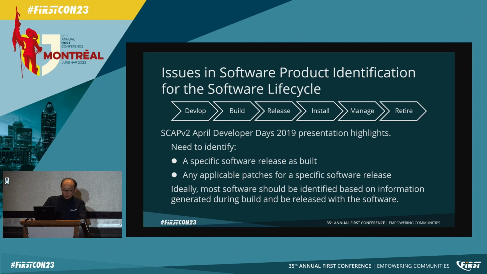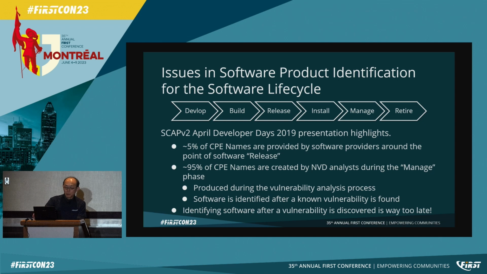Ideally, software should be identified during the build process, and identification information should be released together with the software. The SCAP V2 April Developer Day 2019 presented several key highlights we discussed, shedding light on the process of software identification using a CPE name. Let's explore these highlights.